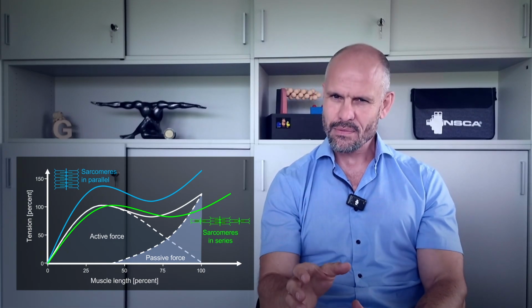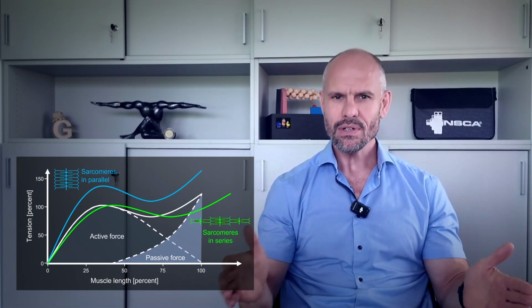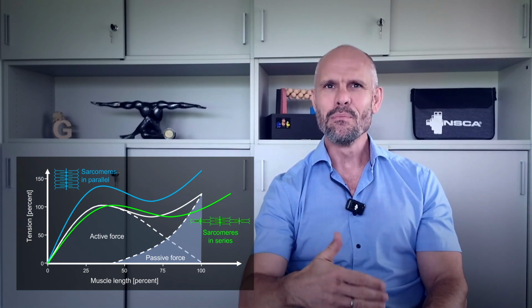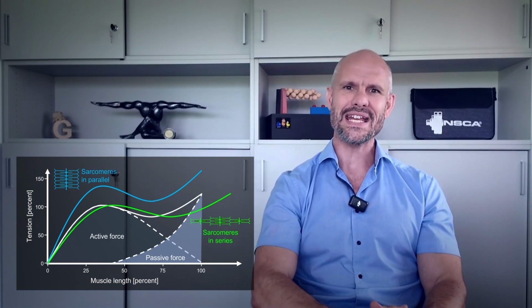The more sarcomeres are arranged in parallel, the larger the cross-sectional area and the more force the muscle can generate. Of course, every muscle combines both layouts. Its architecture, including fiber length and pennation angle, therefore reflects the muscle's specific functional balance between speed, range, and strength.